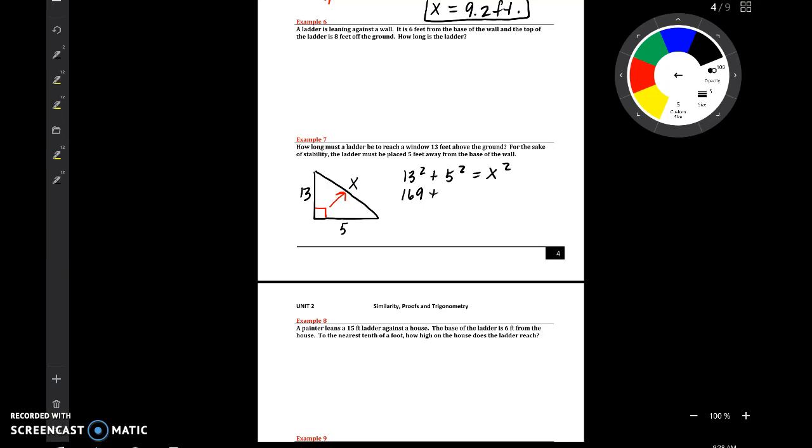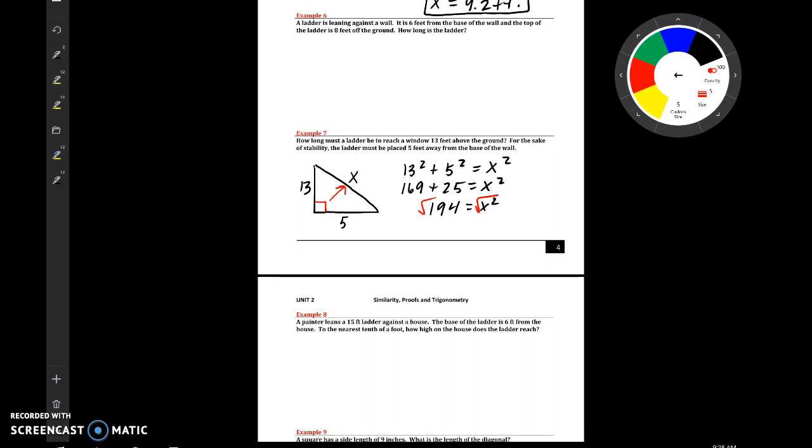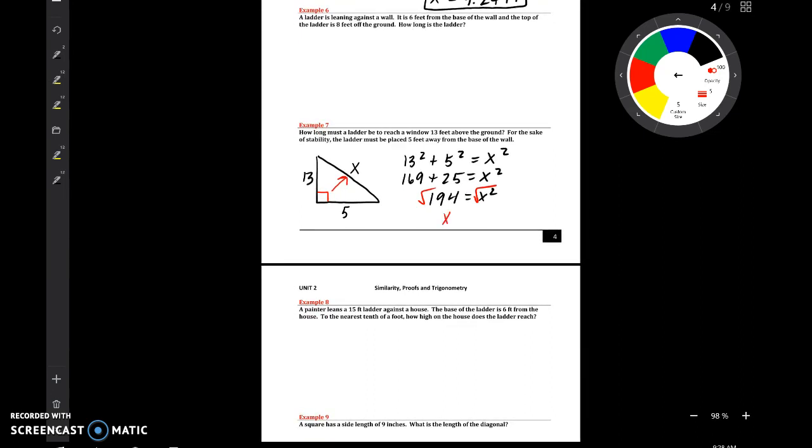So 169 plus 25 is equal to x squared. So we get 194 is equal to x squared. Take the square root of both sides. And x would equal 13.9 feet.